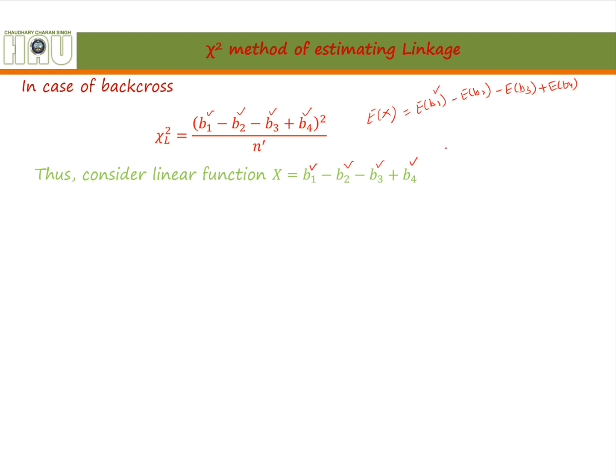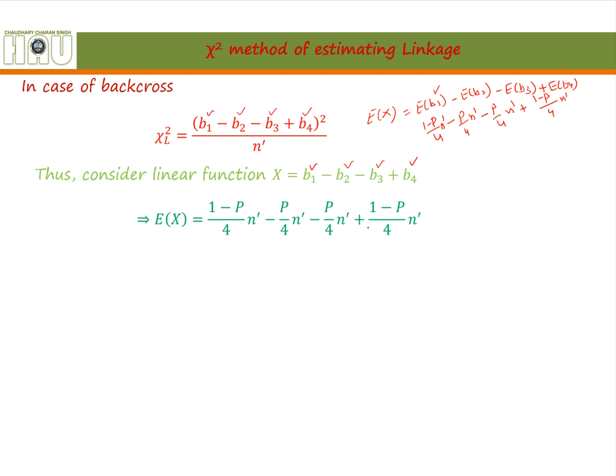Now, what is the expected value of B1? It is 1 minus p by 4 into n dash, the total number of individuals. Then p by 4 into n dash, minus p by 4 into n dash, plus 1 minus p by 4 into n dash. So expected value of x can be given by this expression.